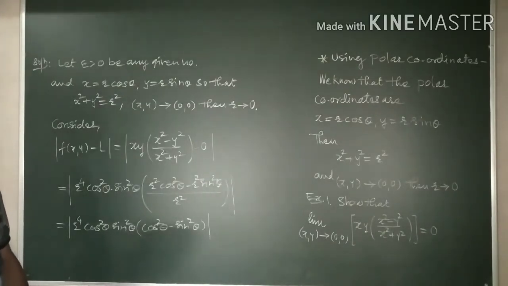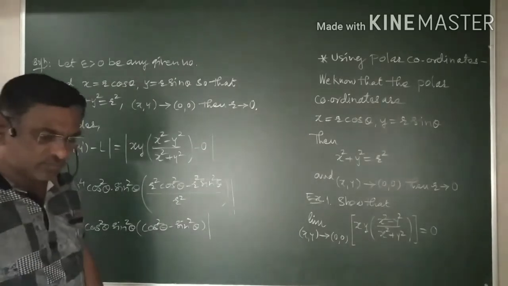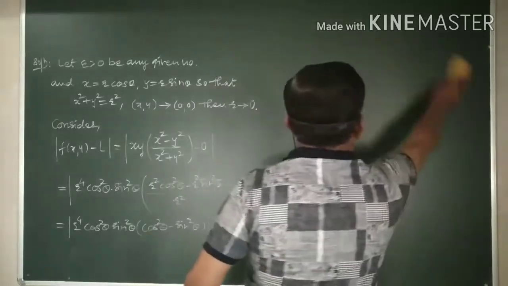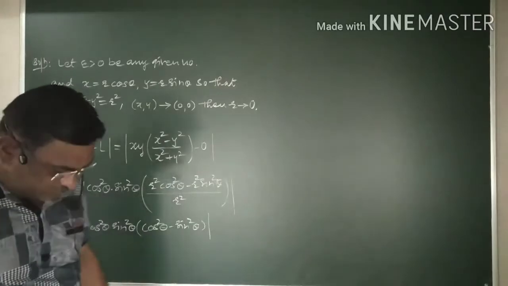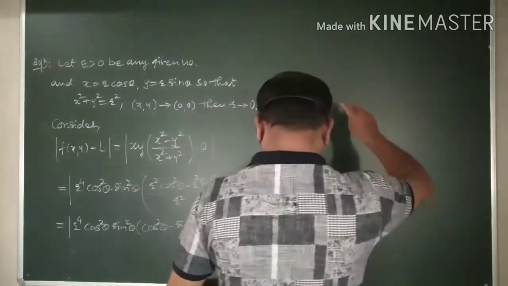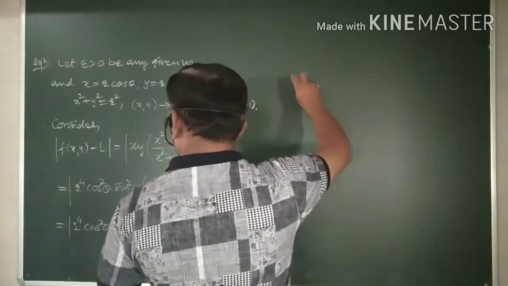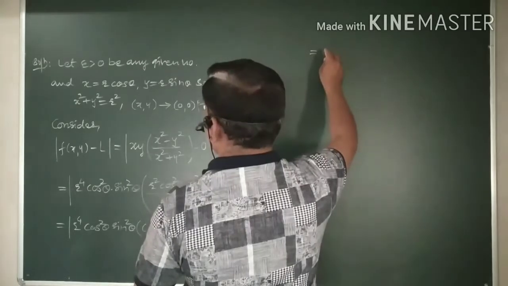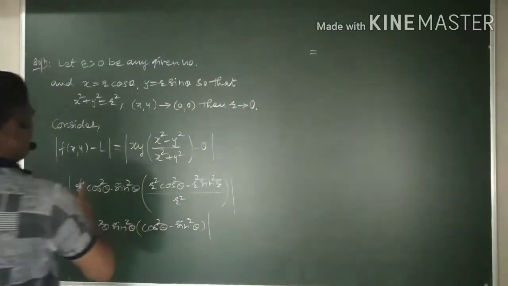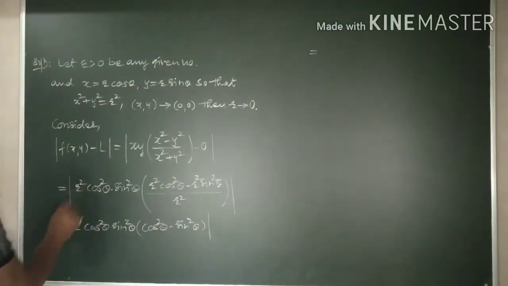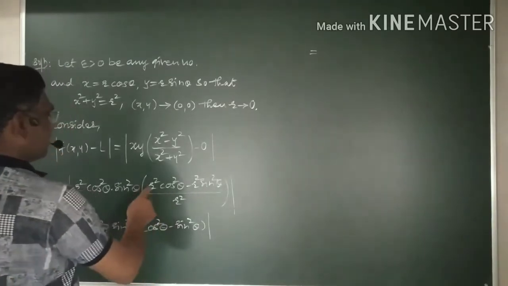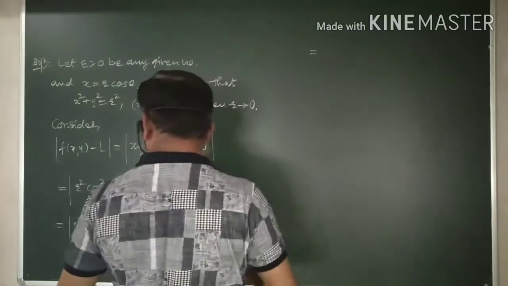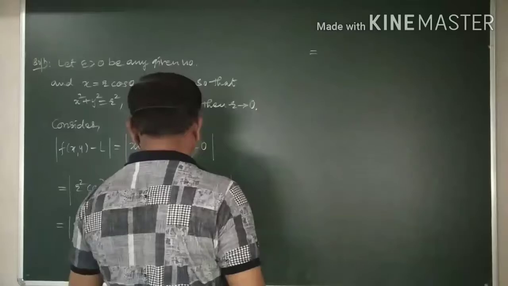Further, this is equal to r square into cos square theta sin square theta, into (cos square theta minus sin square theta).